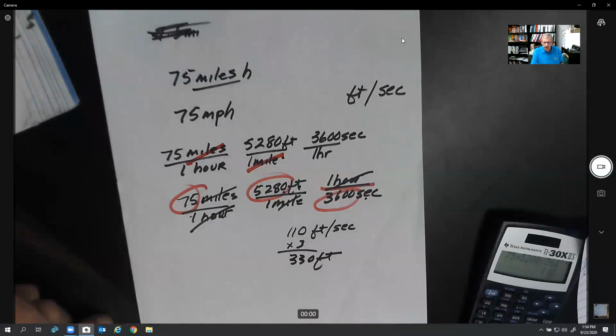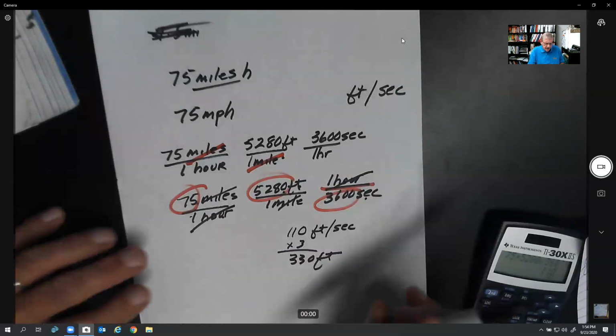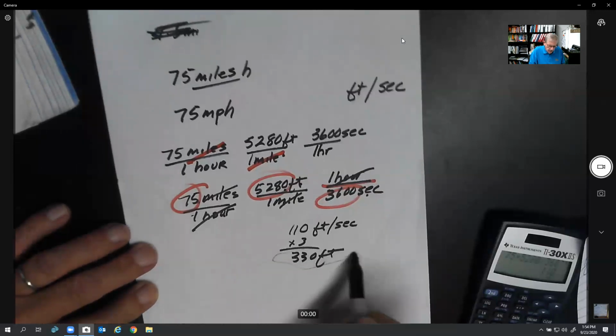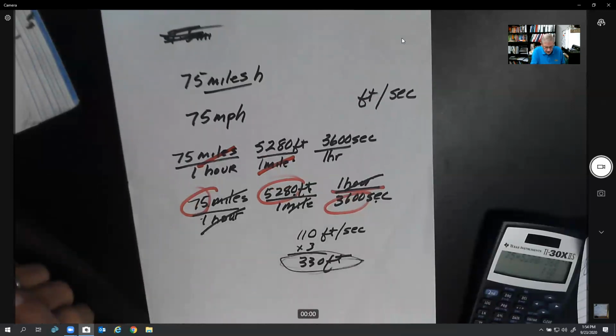It's about the length of a football field, maybe. 3 feet per yard, about 110 yards. Maybe not quite that. But anyhow, you're going to go a pretty good distance before you come to a stop if your reaction time is very quick. If it's slower, then it's going to be lights out.